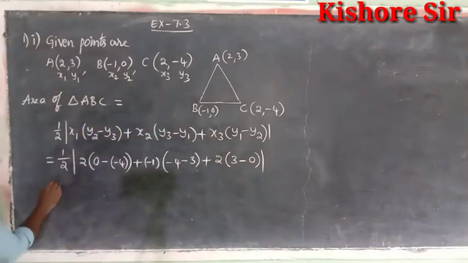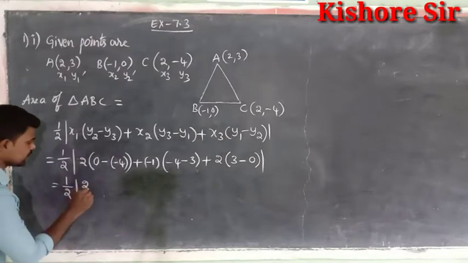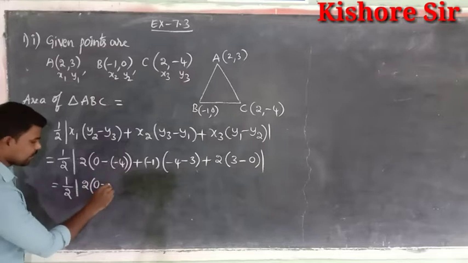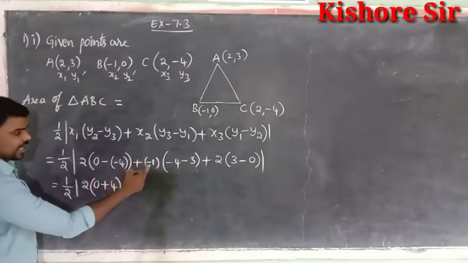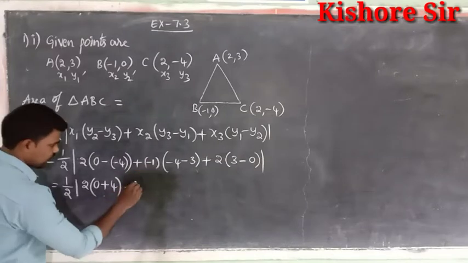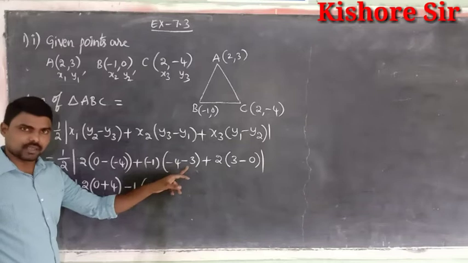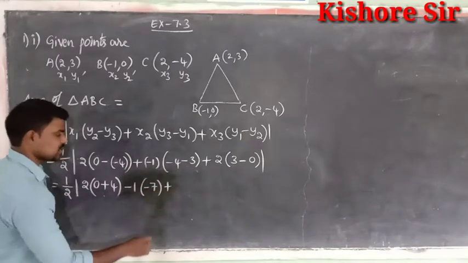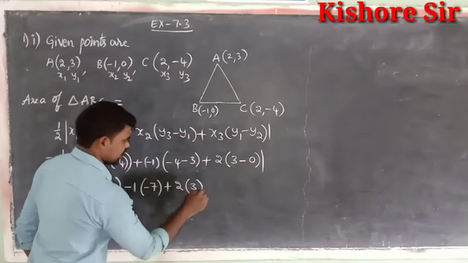Now 1 by 2 modulus 2 into 0 minus minus 4, plus minus 1 into minus 4 minus 3, that is minus 7, plus 2 into 3 minus 0, that is 3.